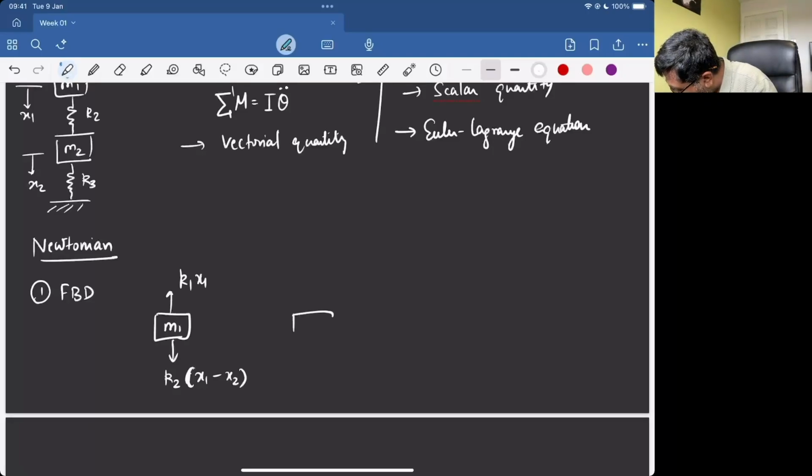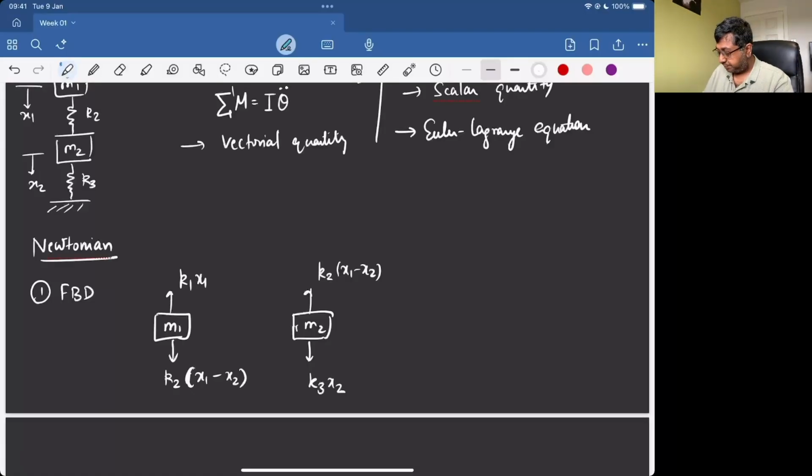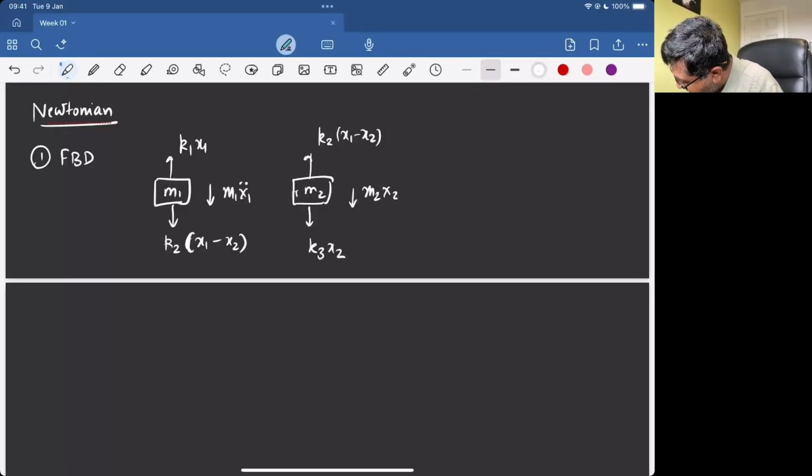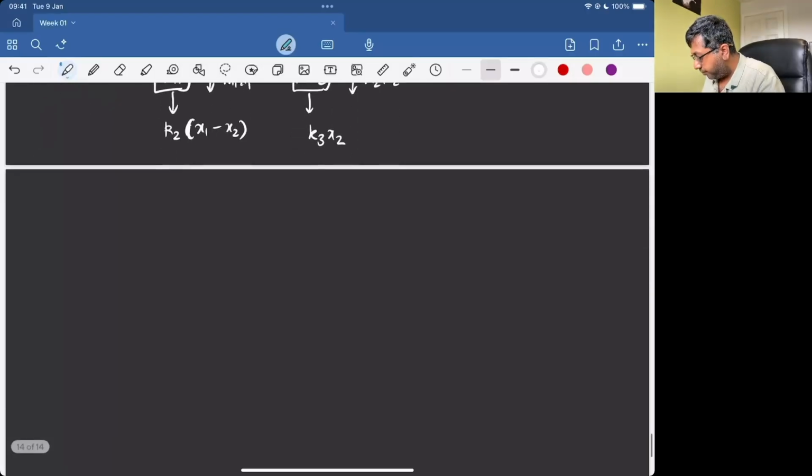Similarly, I need to write the free body diagram for m2. I'll have again k2 into x1 minus x2, and I'll have k3 into x2, right? So our second step is to take this, and so we can define that m1 is moving in this direction with m1 x1 double dot, moving in this direction with m2 x2 double dot, right?